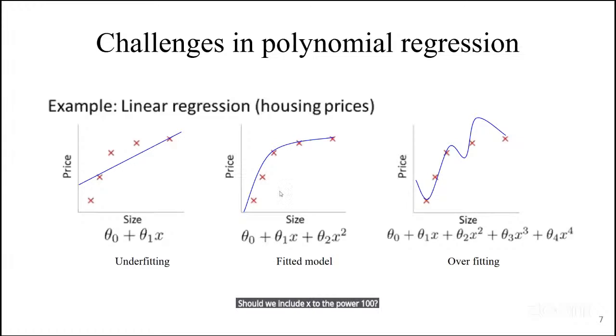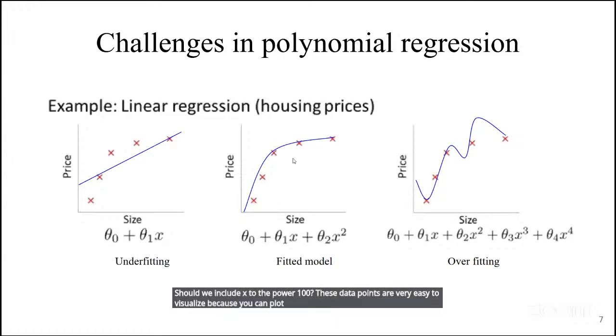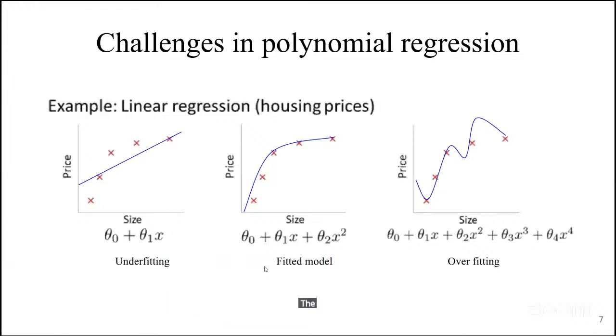These data points are very easy to visualize because you can plot them on a 2D plot, with the x-axis and y-axis. Maybe on a 3D plot you can plot x-axis, y-axis, and z-axis. But what if your data is very large, with multiple x's? Remember the diabetes data set?